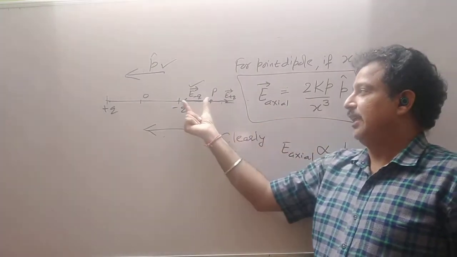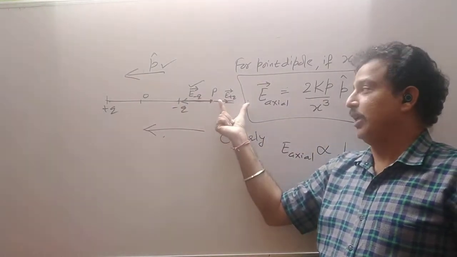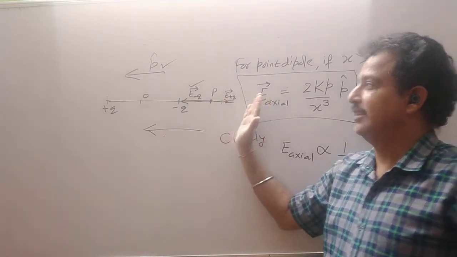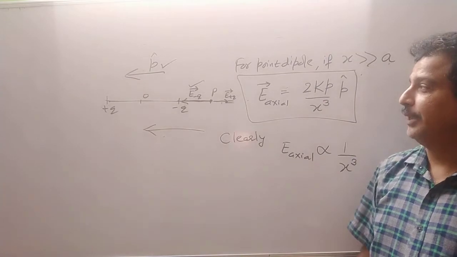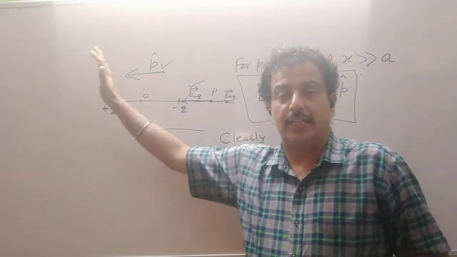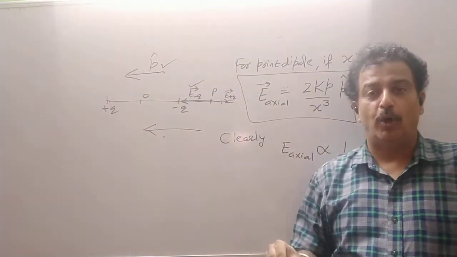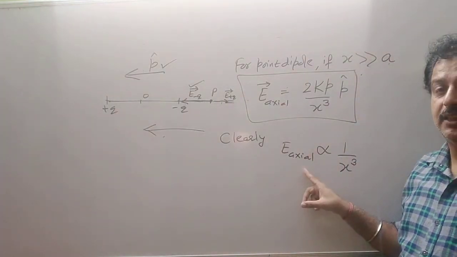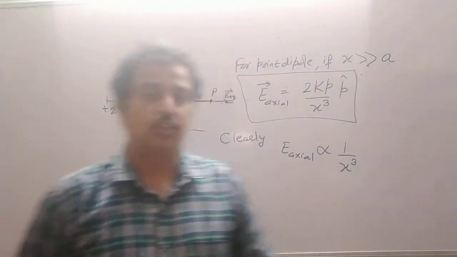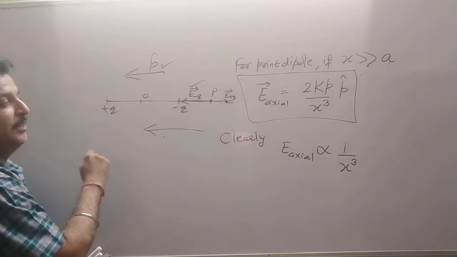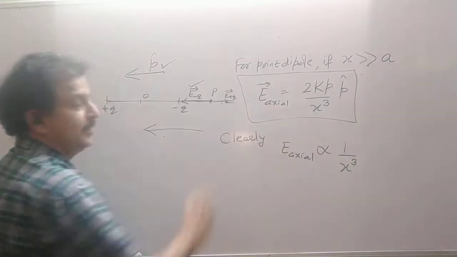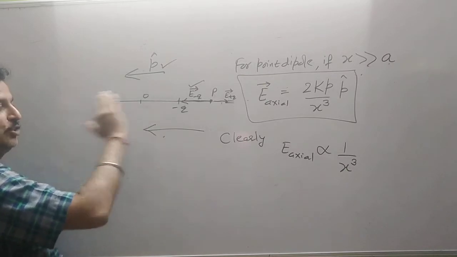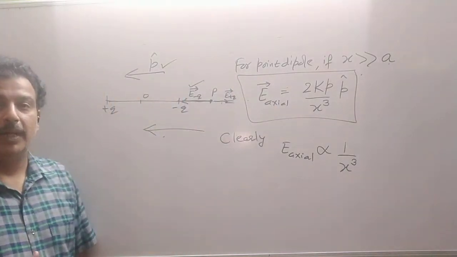But you see, E minus Q will be greater than E plus Q, so the resultant will be E minus Q minus this, and the resultant again comes out to be in the direction of the electric dipole moment. So for an axial point, you have to remember that the electric field intensity is always in the direction of the dipole moment, provided the point is along the axis. It does not matter whether point P is outside plus Q or outside minus Q.